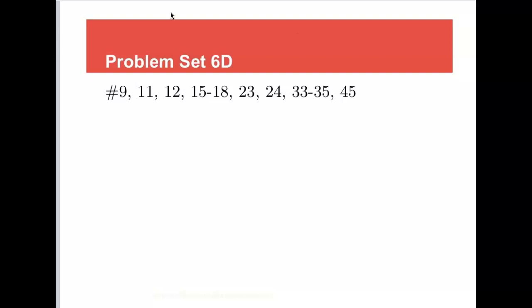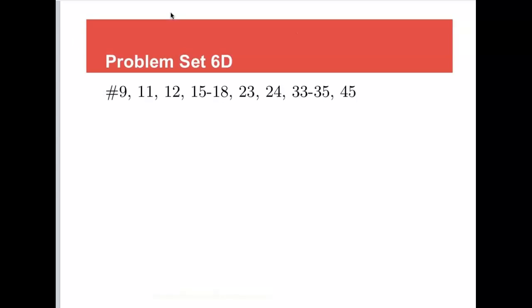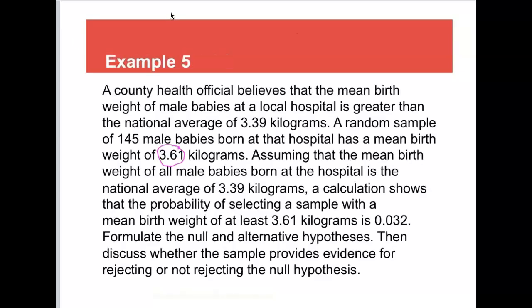So here we go. Our null hypothesis, we're now talking about a mean birth weight. I'm going to call that mu. Mu is the mean birth weight in kilograms. Our null hypothesis is that the mean at the hospital is the same as the national average, which was, oh, I don't remember, 3.39.